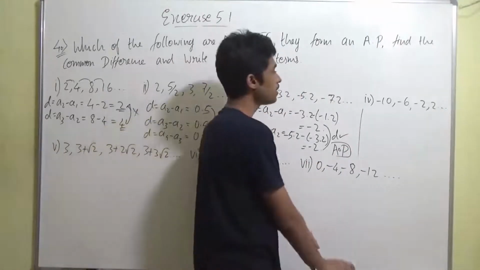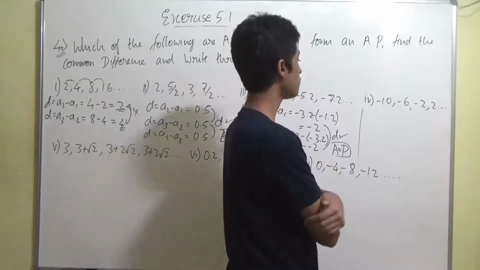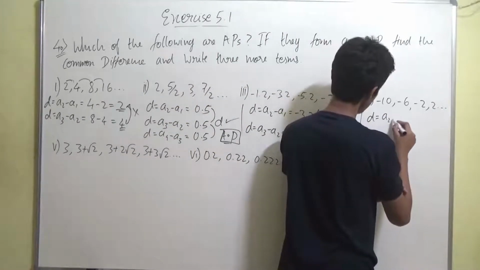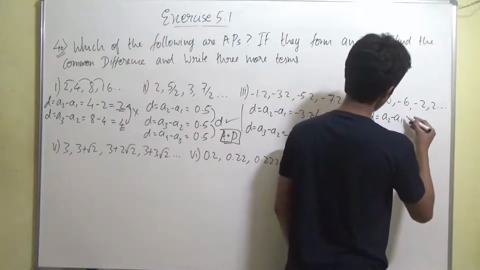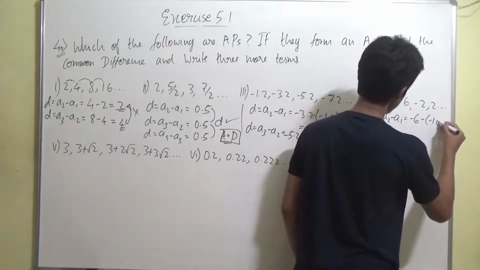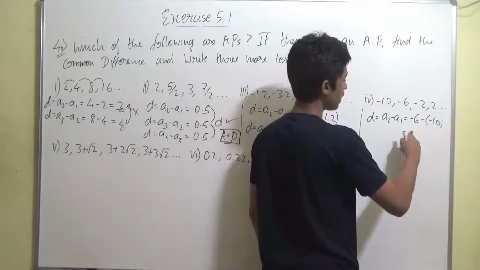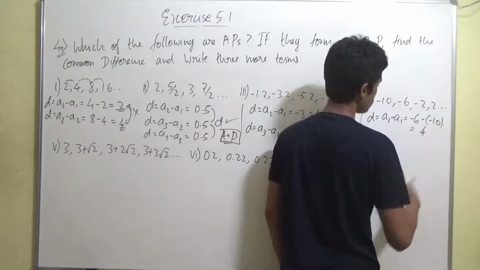The fourth sub question is minus 10, minus 6, minus 2. First we'll find D. That's what we have to do, guys. So a2 minus a1 equal to minus 6 minus of minus 10 will give you minus 6 plus 10, which becomes plus 4.